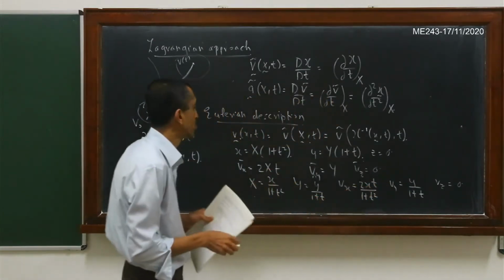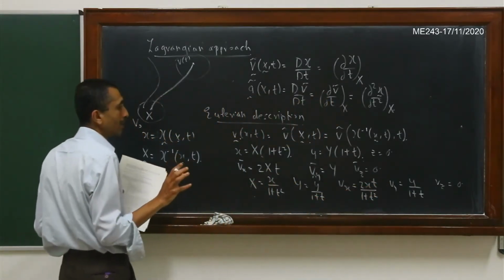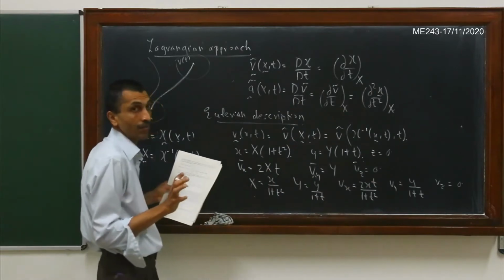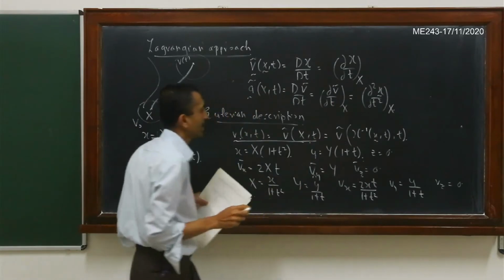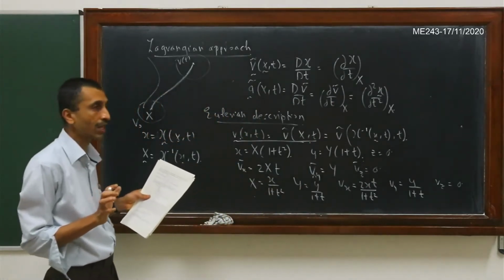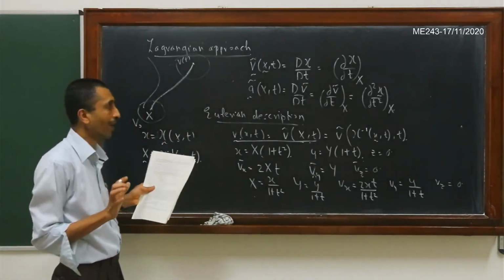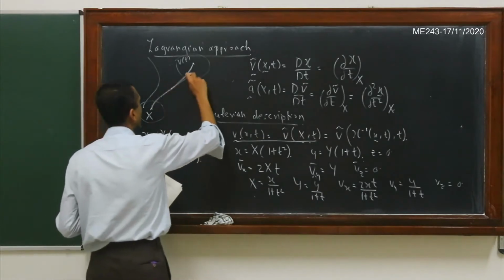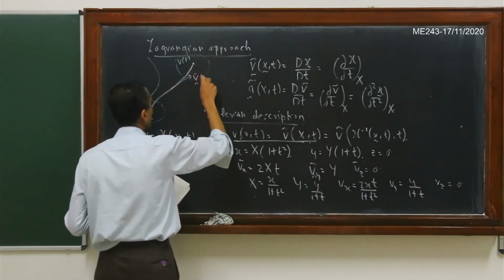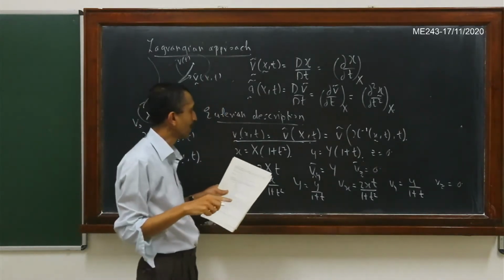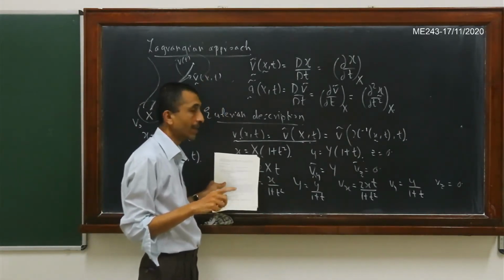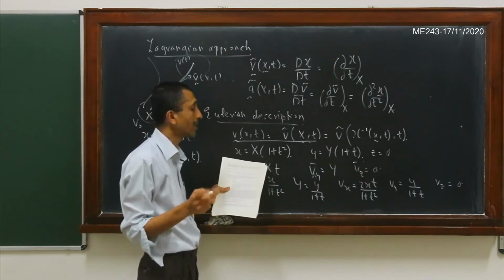And so finally, the velocity is the same. Because of this particular statement, we are not saying that the velocity is different. These are not two different velocity vectors. Finally, the velocity vector is just a velocity vector, whatever it is. It's just that in one case we are describing the velocity vector in terms of capital X, and in the other case we are describing it in terms of small x.